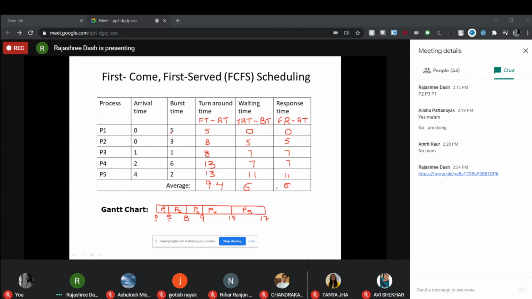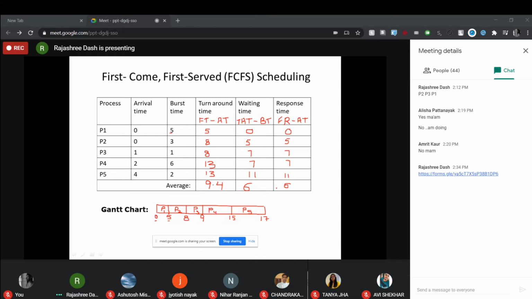Clear? Or any doubt on solving the problem? Clear, ma'am. First come first serve: we have discussed the problem with the same arrival time for all the processes, and also with different arrival times. In first come first serve scheduling, the performance mainly depends on the order in which processes enter the ready queue.